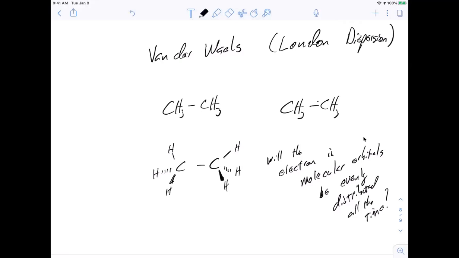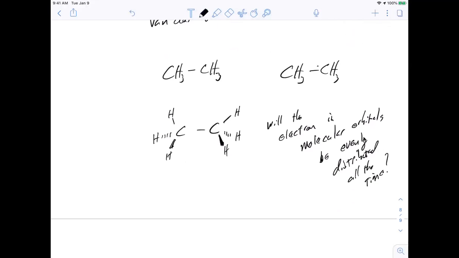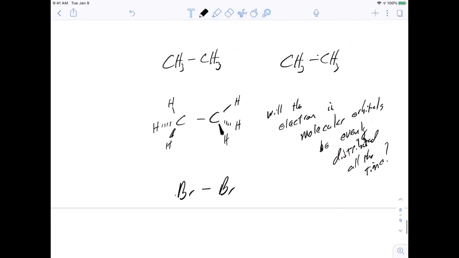At any one time, and the best example of this, it's hard to show here, but it's easy to show between bromine and bromine. Bromine and bromine, they are equivalent, but at any one instance, I could end up with a positive and I could end up with a negative.